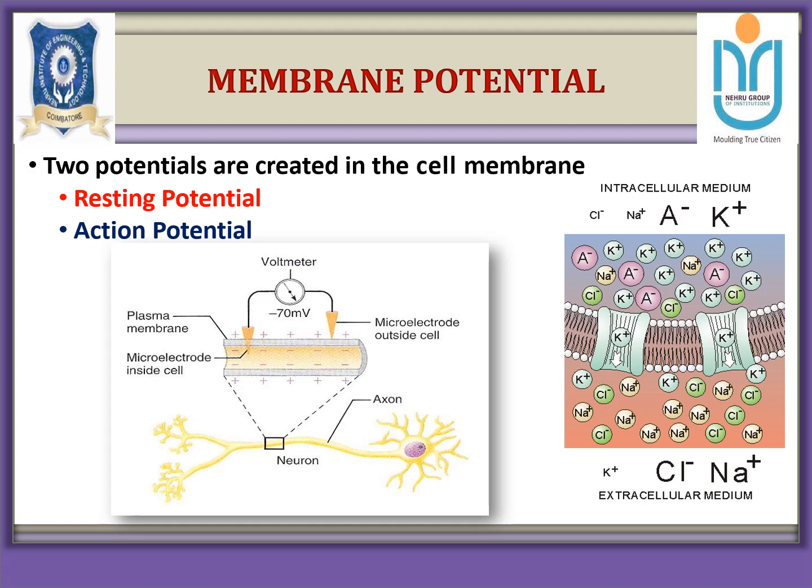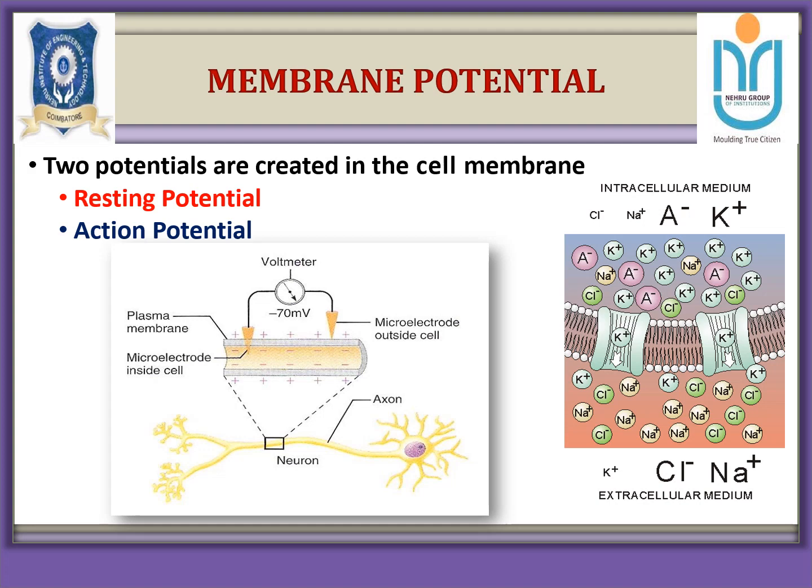But when a cell is in the resting state, you find more number of potassium ions inside the cell and lesser number of potassium ions outside the cell. Similarly, more number of sodium ions outside the cell and lesser number of sodium ions inside the cell. So due to this ionic mismatch, a potential difference exists across the cell structure or the cell membrane.